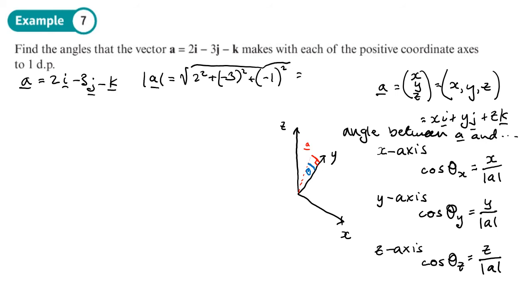Bad square root sign. So that's going to be 4 plus 9, or 4 plus 1, 9 plus 1, 10, 14, root 14, which I don't think can be simplified. So if we want to find the cosine of the angle between that vector and the x-axis, it's going to be the x part of the vector, which is 2 over root 14.